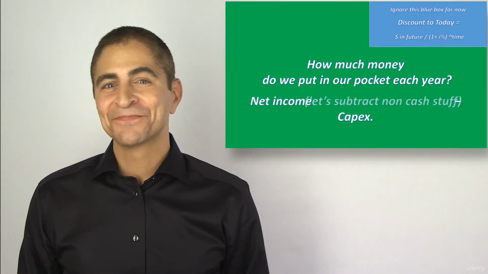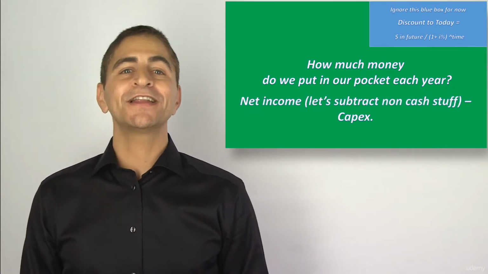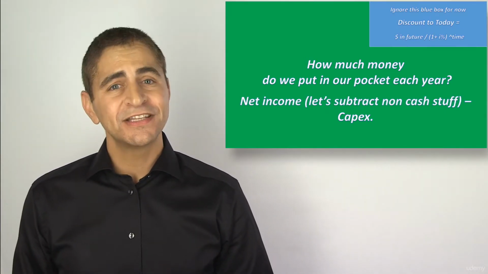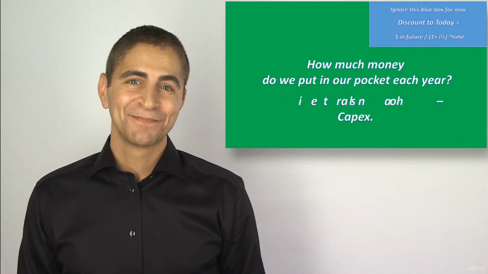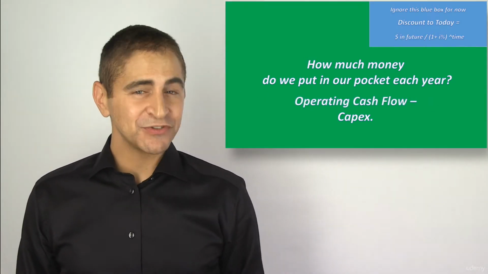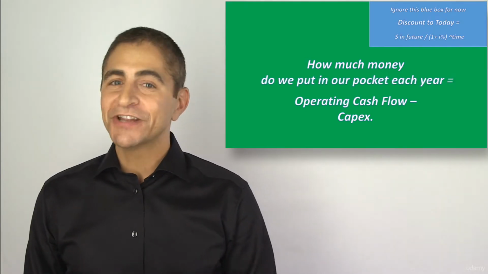So you take net income and you subtract non-cash stuff, and then you deduct what you invested in, like CapEx. That's called operating cash flow. Remember that from the cash flow statement. Operating cash flow minus CapEx is free cash flow.